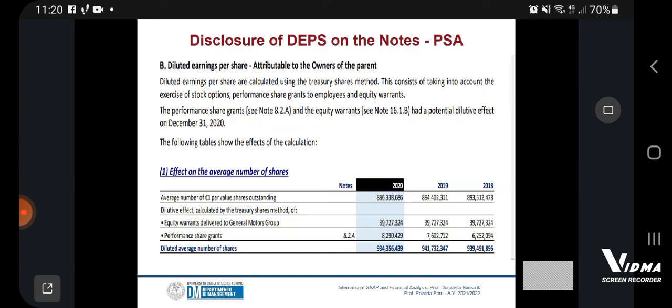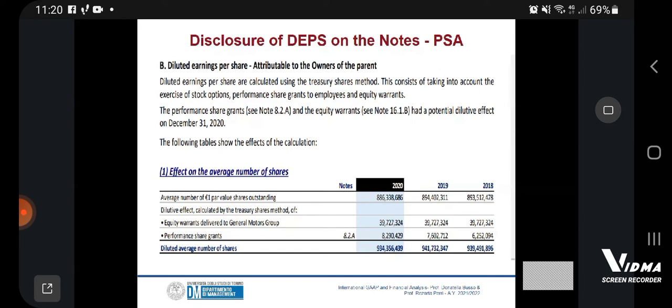Now, when we take into account the calculation of diluted earnings per share, the company, as required by IAS 33, will assume that all of them will be converted into shares. So we are not assuming that maybe some will and some will not, but we consider that every one of these securities will be converted to ordinary shares in the future, okay?